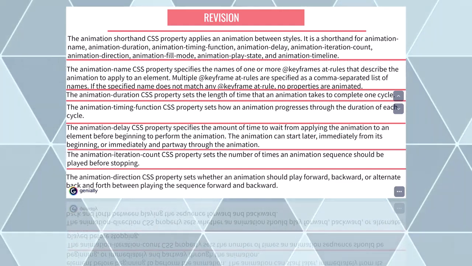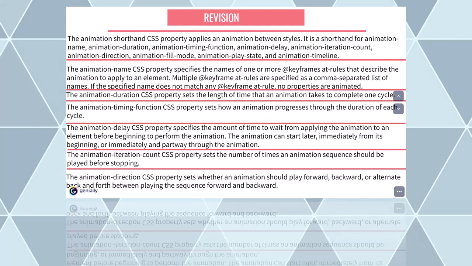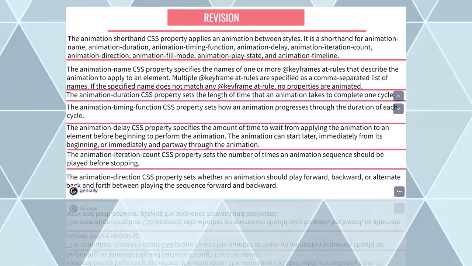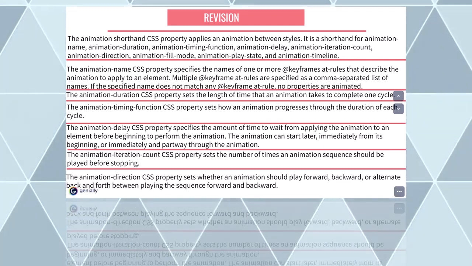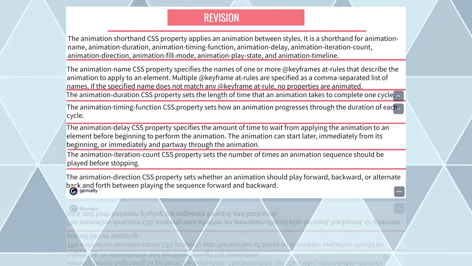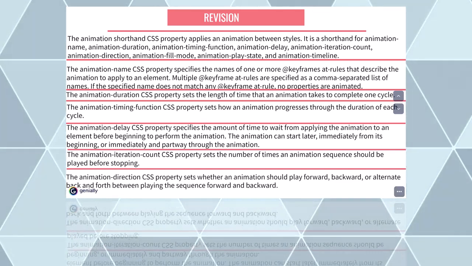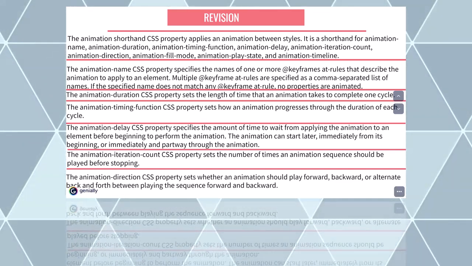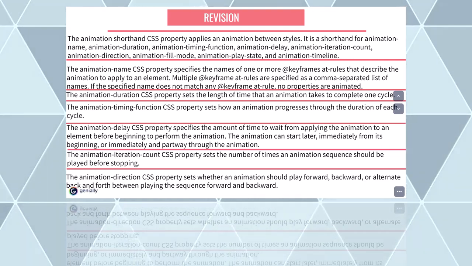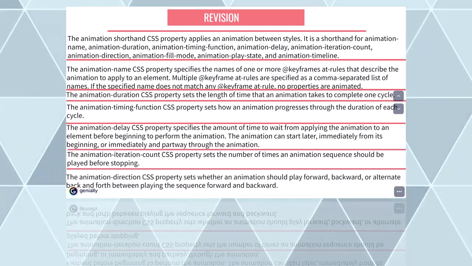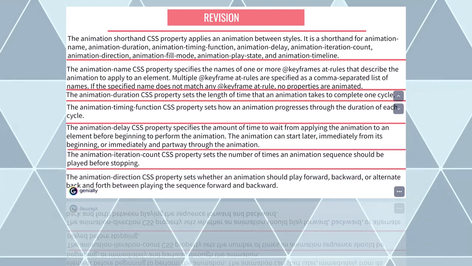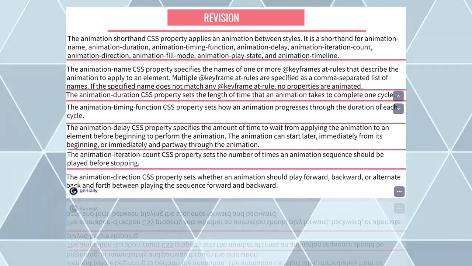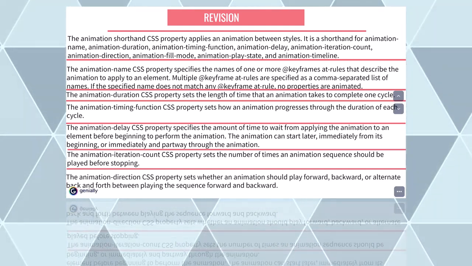So that is all about the timing function CSS property. The timing function is pre-defined for us. There's a lot of values that we can use, such as linear, ease-in, ease-in-out, or ease-out. Right? Not 'is out' as in 'else out'.